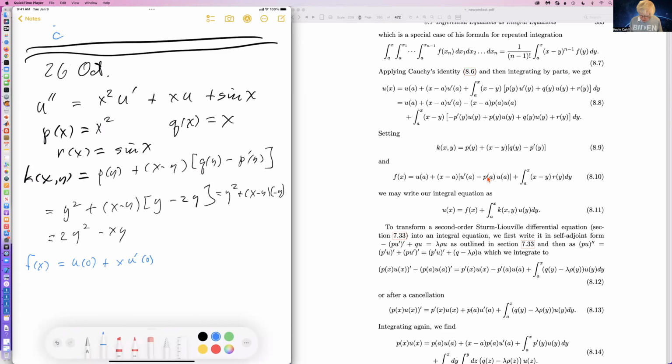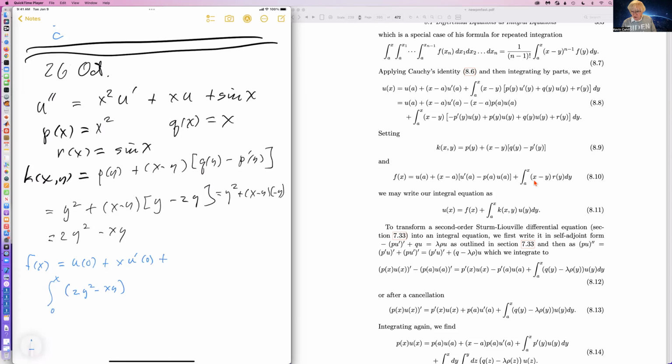And then we have an integral, and the integral is from 0 to x. And now we have to put k in there. So k is 2y squared minus xy. I'm trying to find x simply. So it's these things that we've already done.